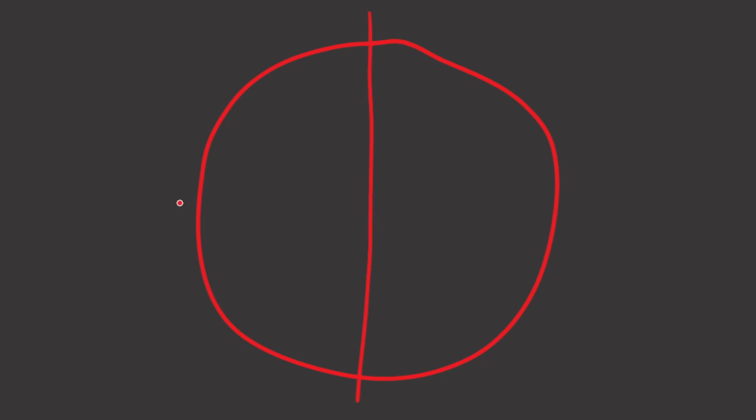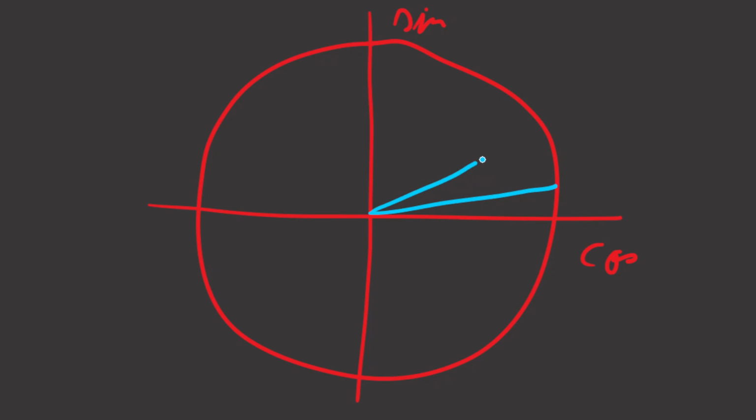So here we have our unit circle. This one is for the cosine and this is for the sine. I will write down our angles just to make things clear: pi over 6, pi over 4, pi over 3. And we know that at the angle of pi over 3 we have 1 over 2.